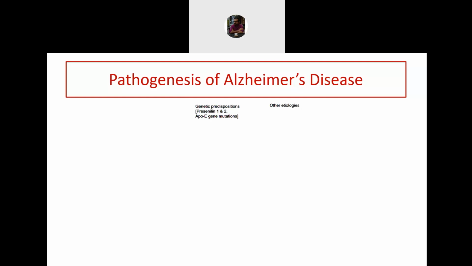But whatever the etiologies, what they ultimately cause is formation of an abnormal protein called beta 42. This beta 42 protein deposits in the brain, in the extracellular space.